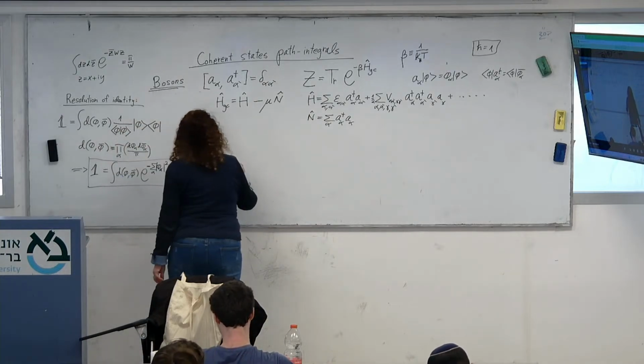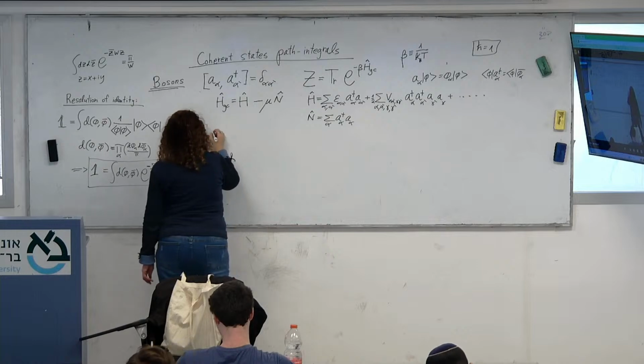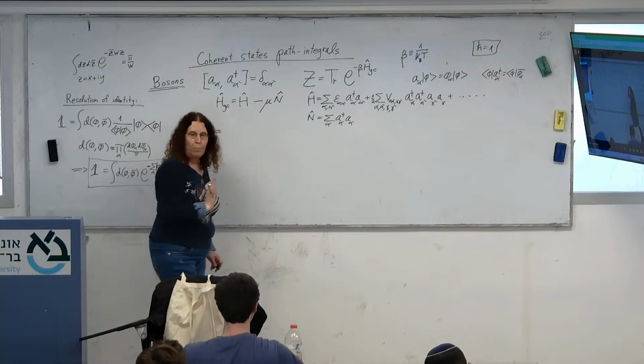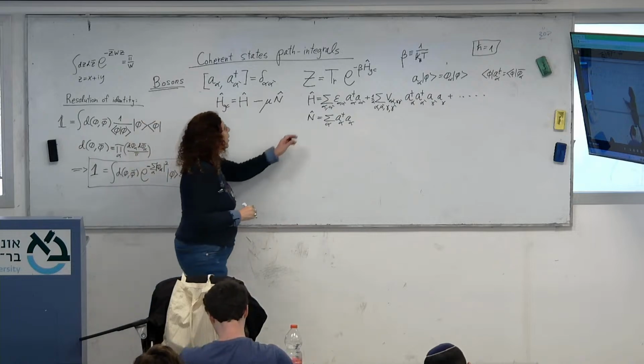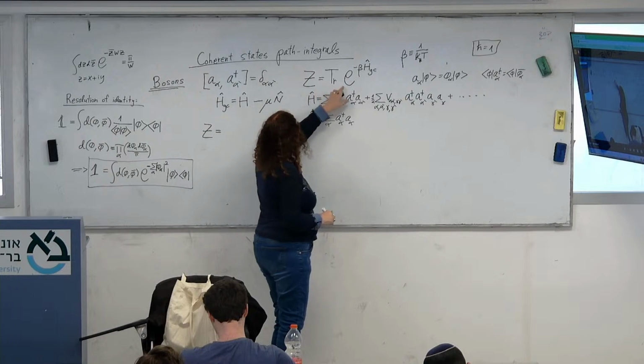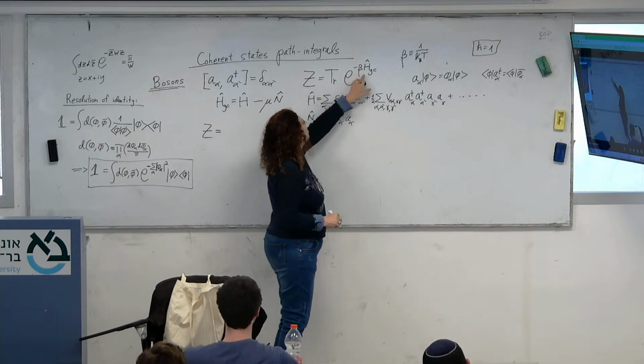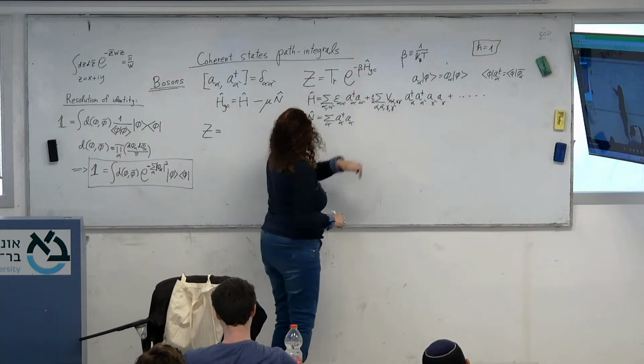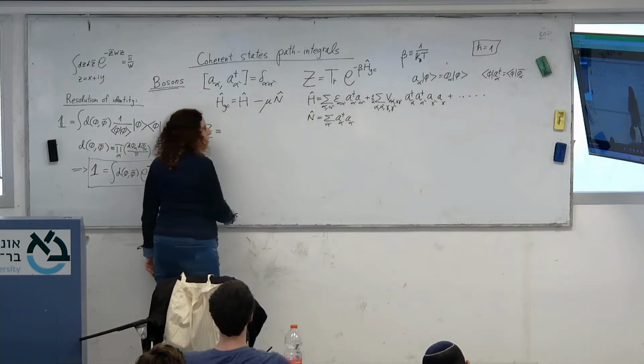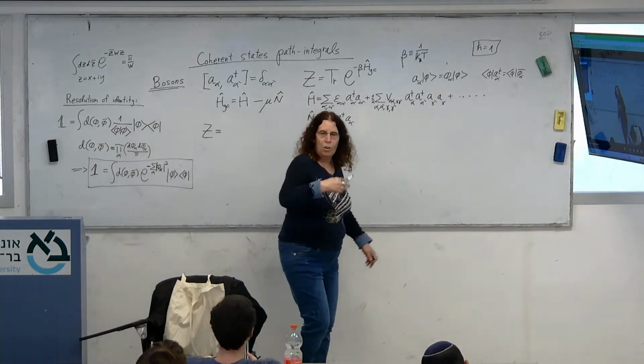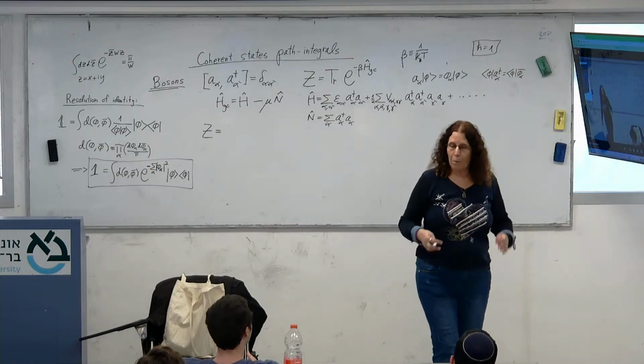Okay, so now let's write the path integral. First the partition function from the definition. The definition is a trace of the operator e to the minus beta H grand canonical, where a trace is a summation over some complete basis.